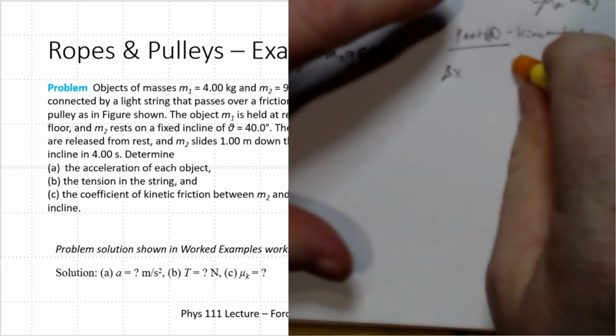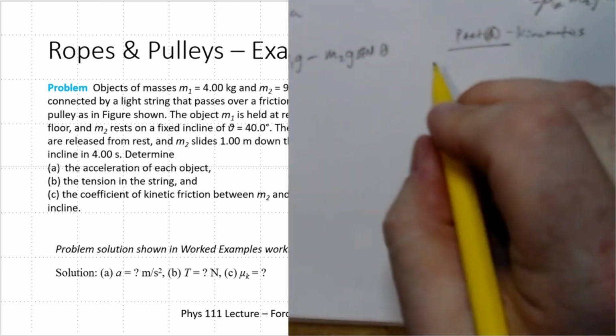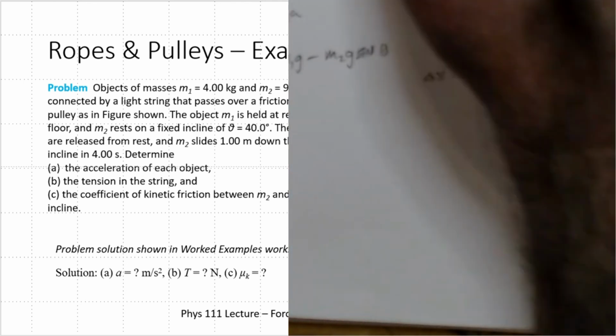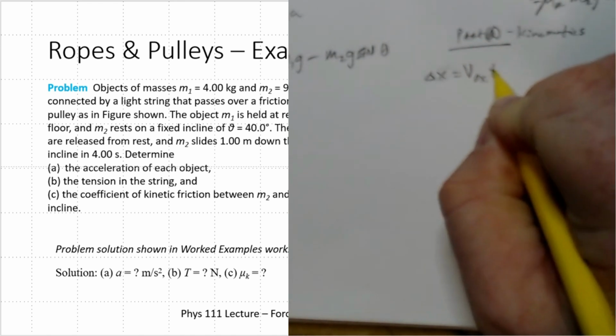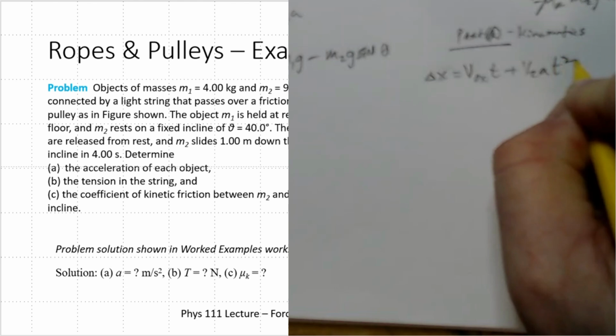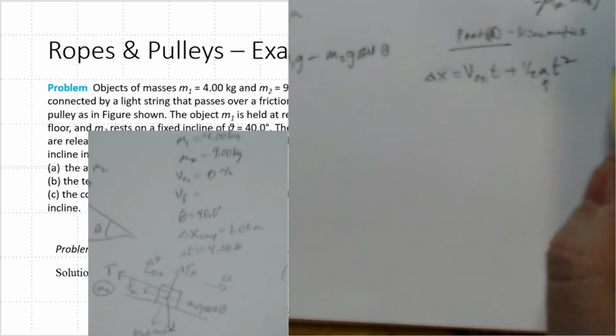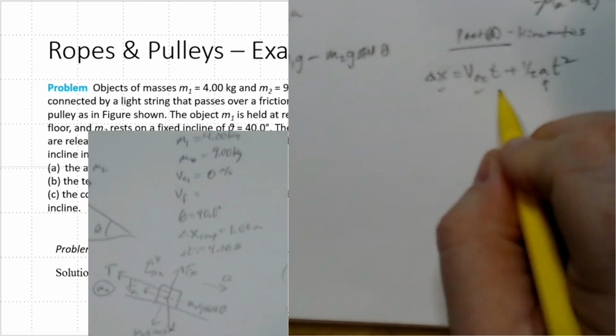Delta x, we'll say along the surface. We could do delta y looking at mass 1, but remember those equations don't use the mass at all, so we don't need to know the mass. Delta x equals v naught x t plus 1/2 a t squared, where we don't know the acceleration, but we know the displacement, we know the velocity, we know the time.